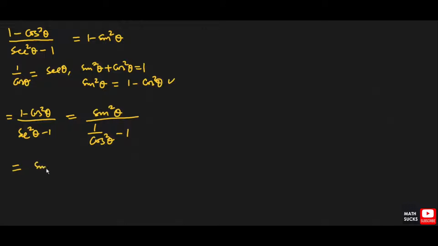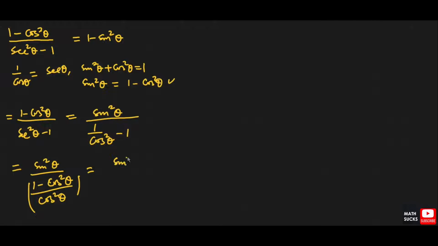Which you can simplify to sine squared theta over, this is going to be 1 minus cos squared of theta, everything over cos squared of theta. If we put it on the same denominator, that gives us the lower part. Now, how do we get from here?